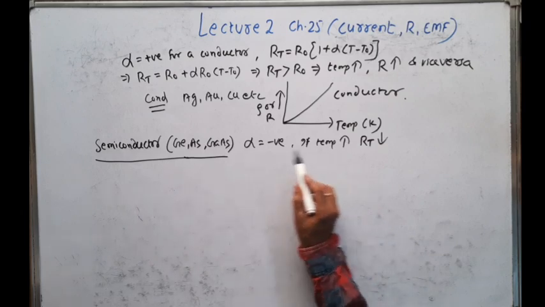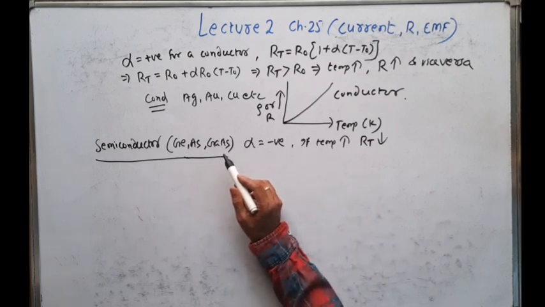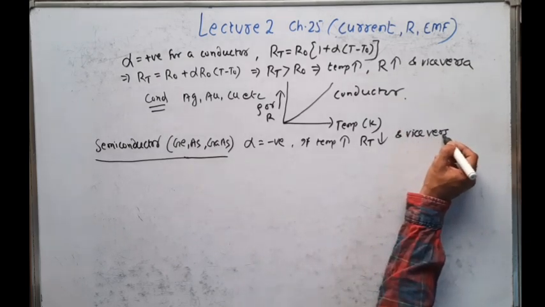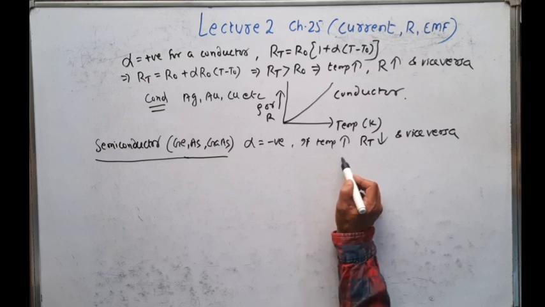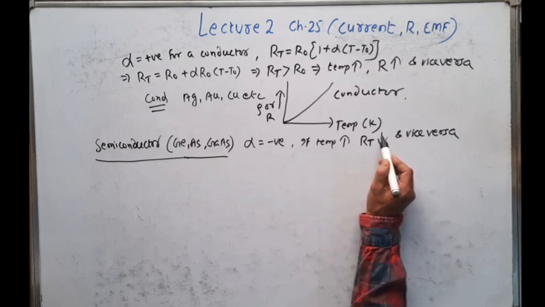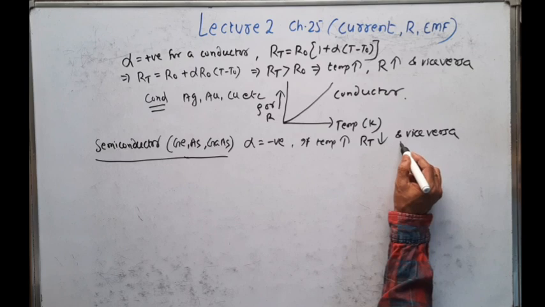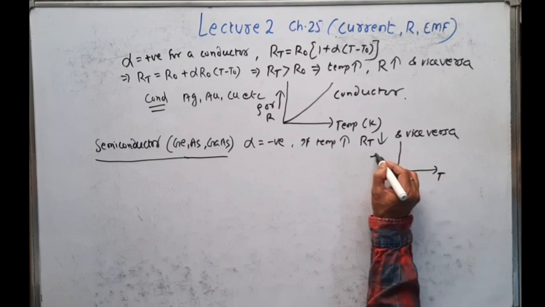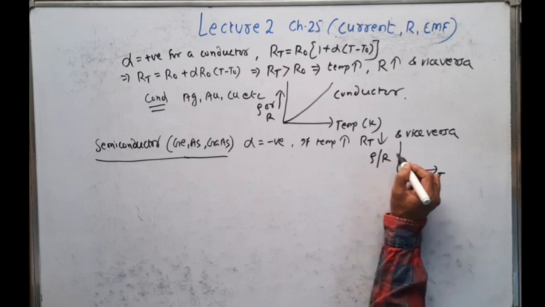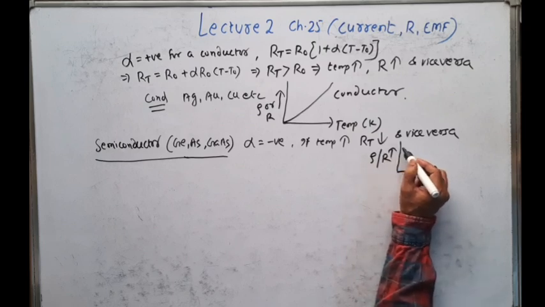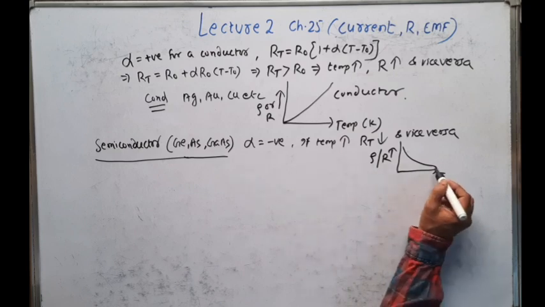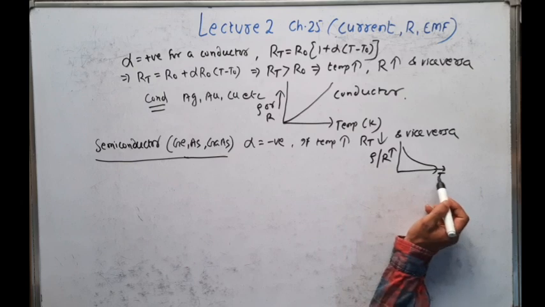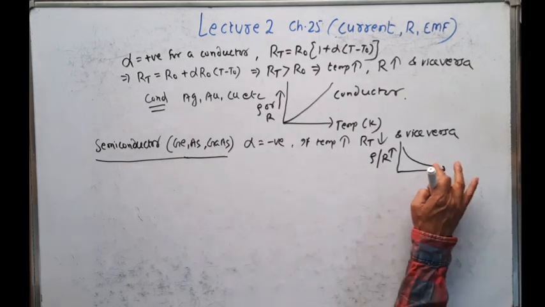This is for semiconductors, and vice versa: if temperature decreases, resistance increases. So this is the graph of resistivity or resistance versus temperature for a semiconductor.